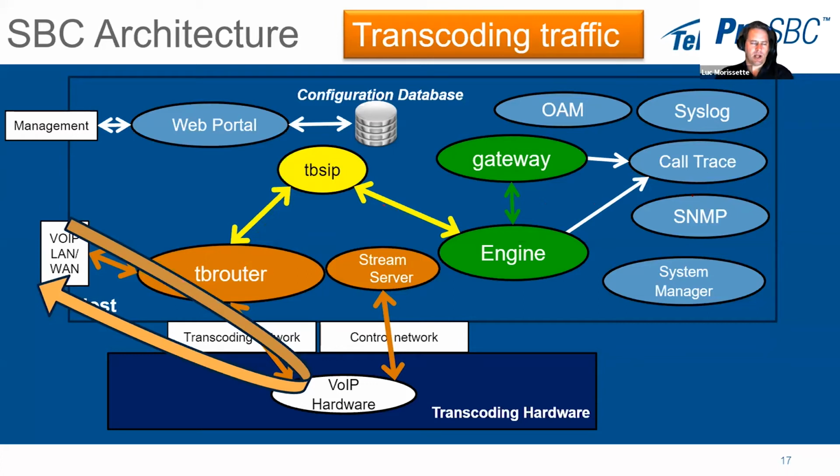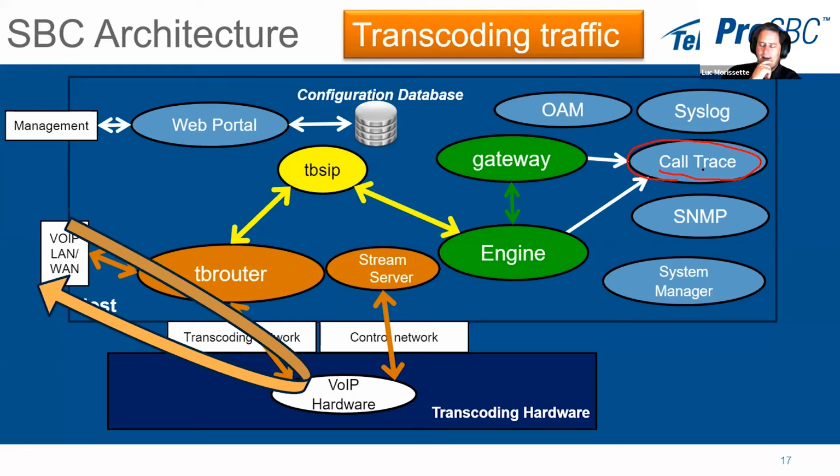The question is, is there any way to store all the call trace passively, like Voight Monitor or Homer? Here, we get data from calls that are ongoing in the system. These call traces are in memory, so you can access them directly from the web portal and see the last calls.